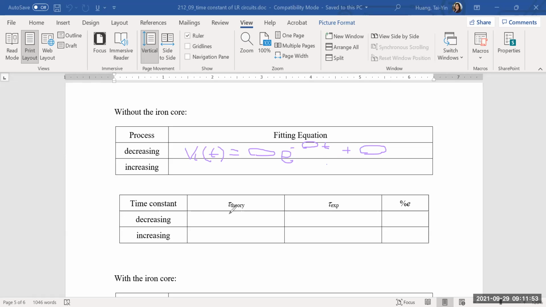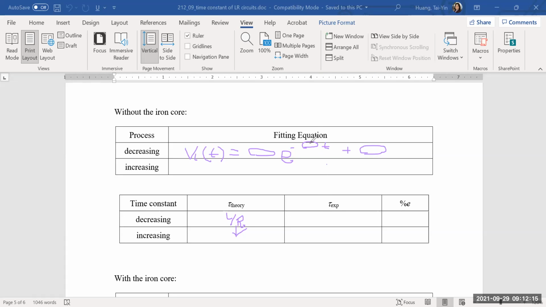And then for the time constant, theoretically, we know that it is equal to L over R. So you want to punch into a calculator to calculate L over R, and realize that for the same circuit, that doesn't change for the decreasing or increasing part. So you should have the same value here, okay? Experimentally, how do we find the experimental value of the time constant?